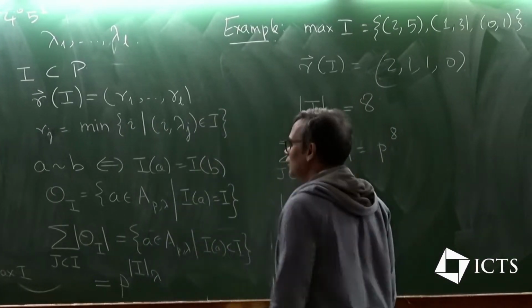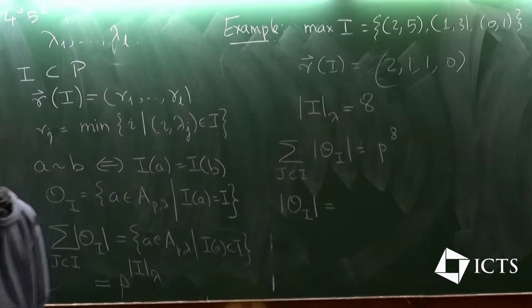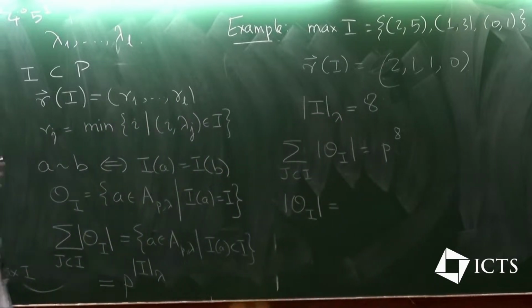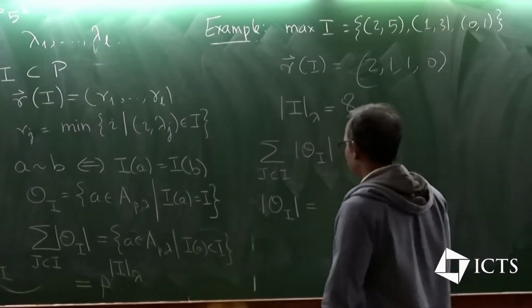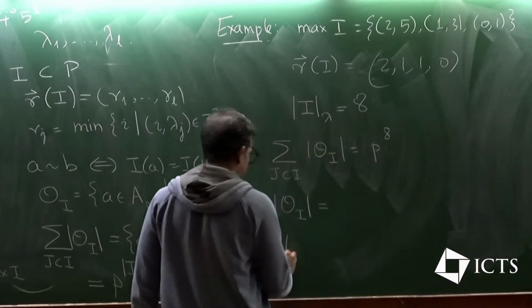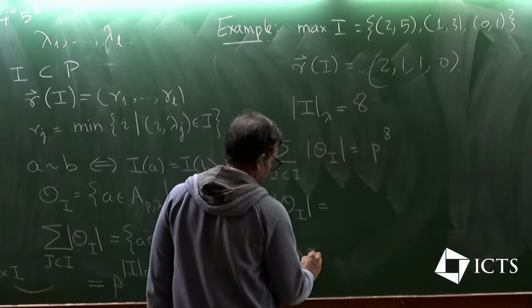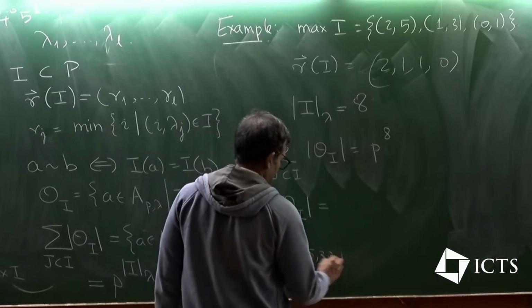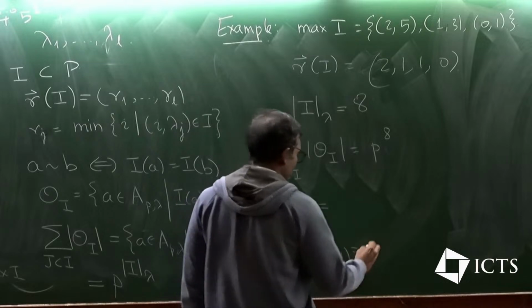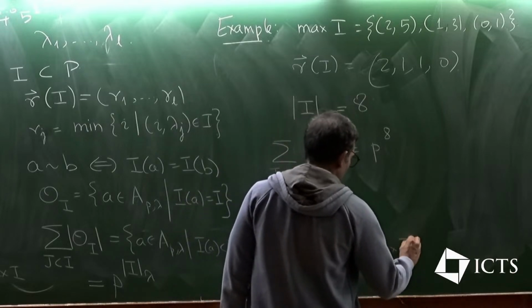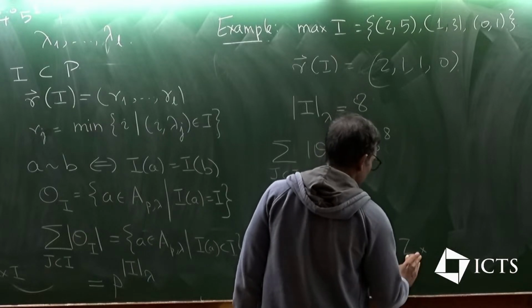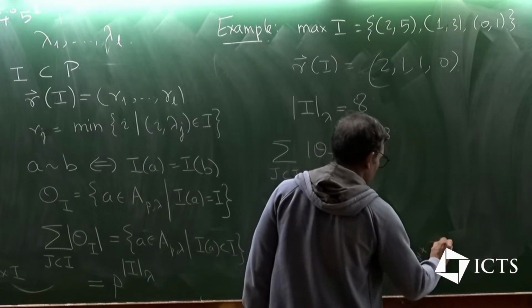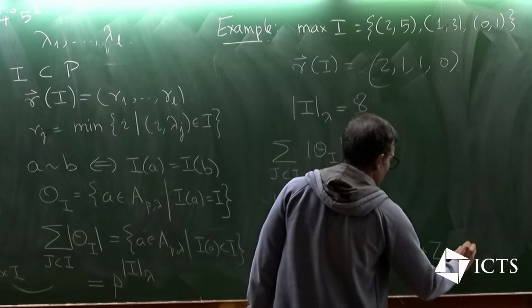So it turns out that, okay, we are taking a vector here. Now remember our group is, in the example, Z_{p^5} cross Z_{p^3}, that is, Z_{p^3} cross Z_{p^3} cross Z_p.